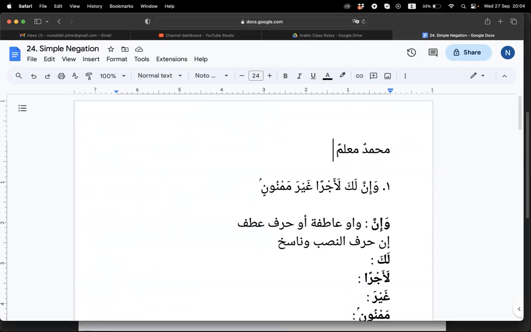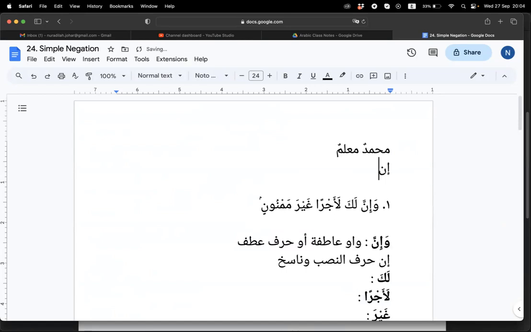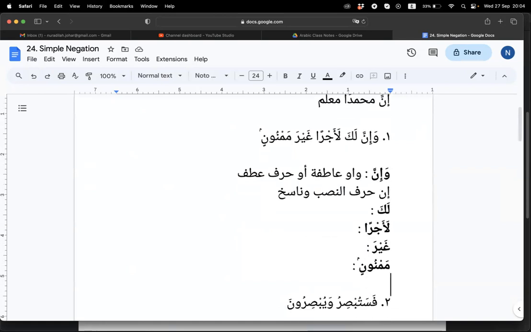If you put inna here, then Muhammadun will become Muhammadan. So that's why it's called nasikh, because it changes, from the word mansukh, nasikh, right? The one that changed. So that's why it's called harf nasikh. So it is nasb and nasikh.